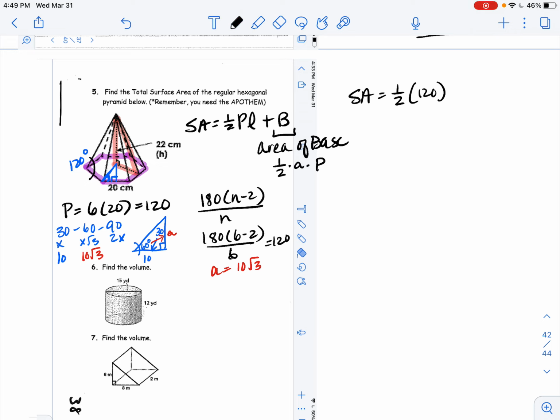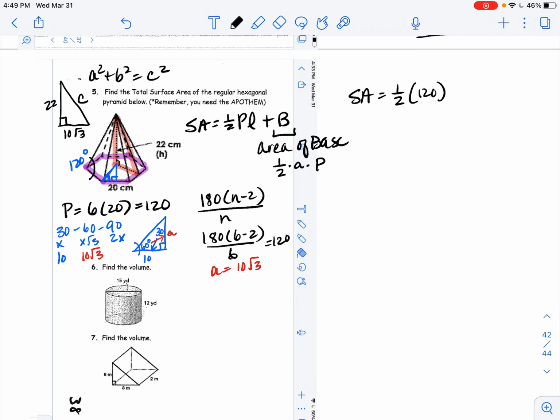We have a right triangle right here, so I'm going to draw that right triangle. It's telling us the vertical height is 22. And we just found out that the apothem, which is the same as this piece right here, is 10 roots 3. So we need to find this value.